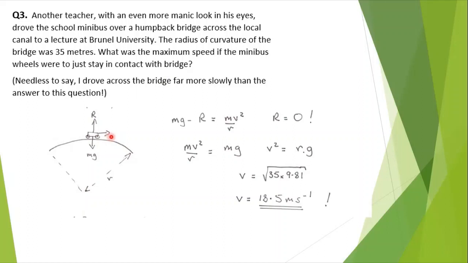So what is the centripetal force? The centripetal force, the resultant force acting towards the center, is mg minus R. Mg minus R equals mv squared over r.